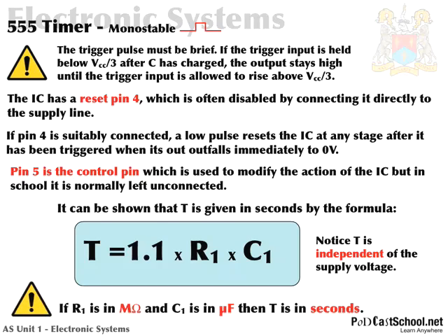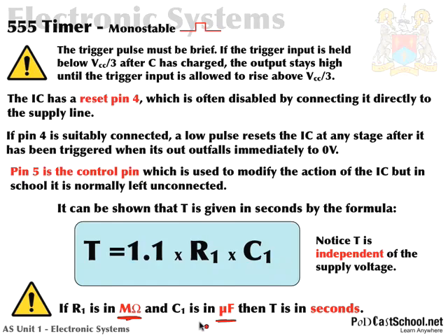And I've just said there, look, if R1 is in megohms, which it might well be, and C1 is in microfarads, then T will be in seconds. But that's not to say that you need to put R1 into megohms and C1 into microfarads. You don't.